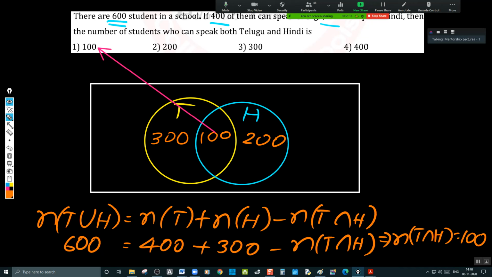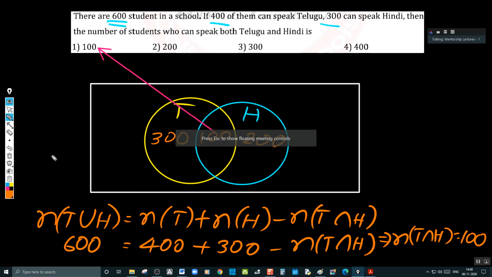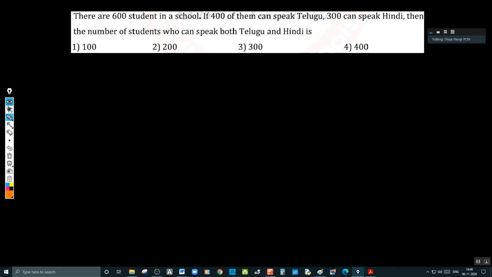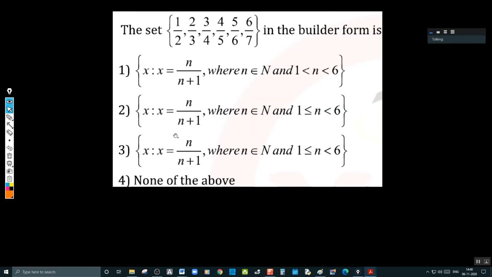I hope you understand. This is the formula approach. You must know both. I solved it through the diagram. Clear now, everyone? Yes, sir. Let us see the next one.